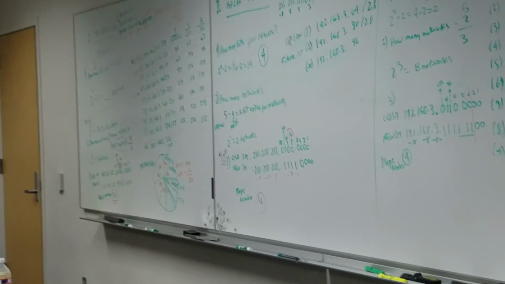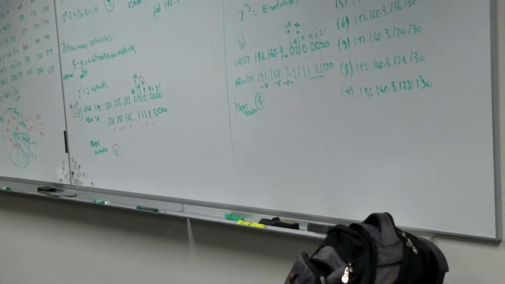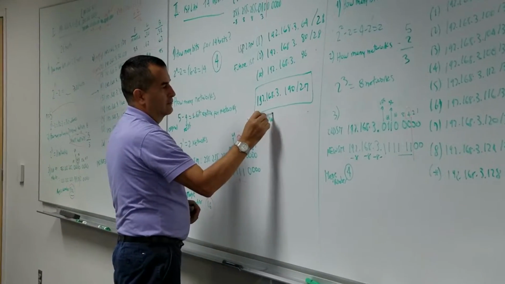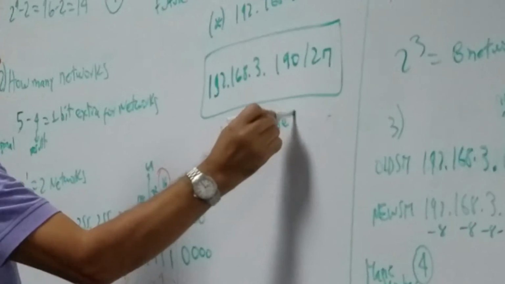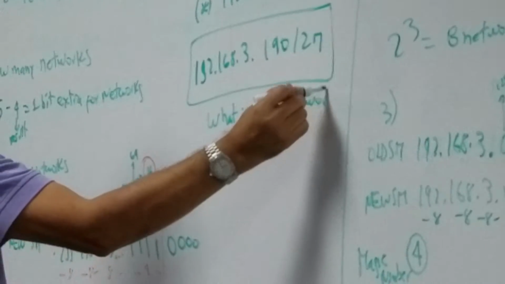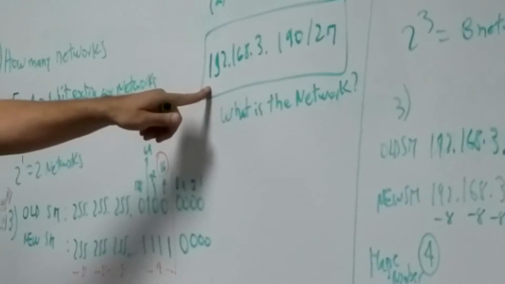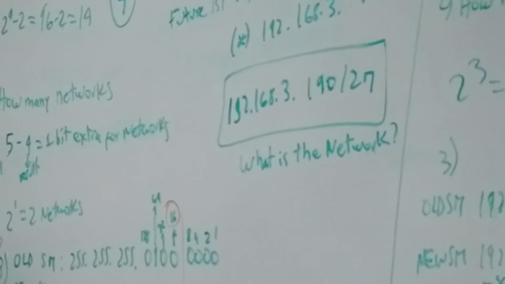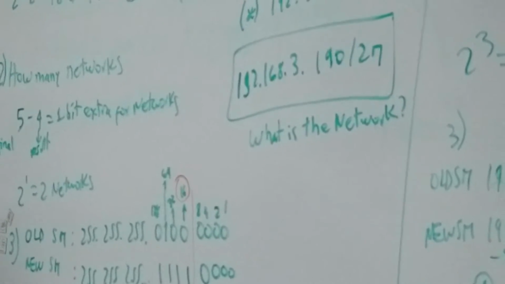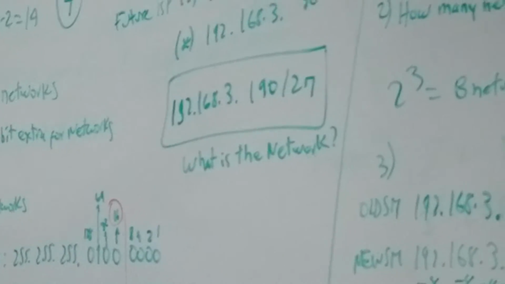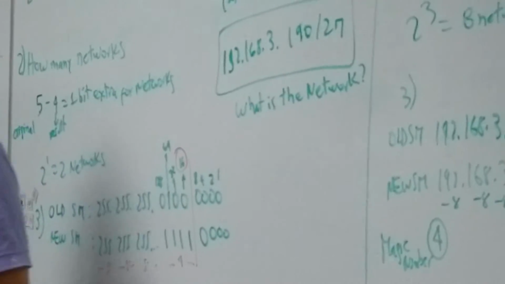They're gonna ask you, oh, the second to the last is gonna be the one of this. What is the network that this IP address belongs to? How do you do that? Those are the type of questions.